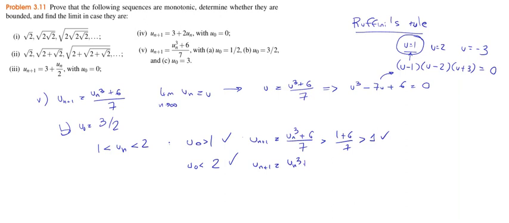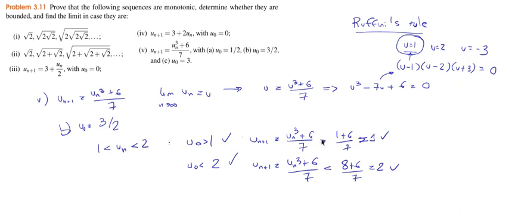Now what happens with u sub n plus 1, the second step of induction? If this is smaller than 2, then this is smaller than 8 plus 6 over 7. This is 14 over 7, which is 2, which is what we wanted. Sorry, sometimes I write 1 plus 6 over 7 is equal to 1, I just made a mistake.